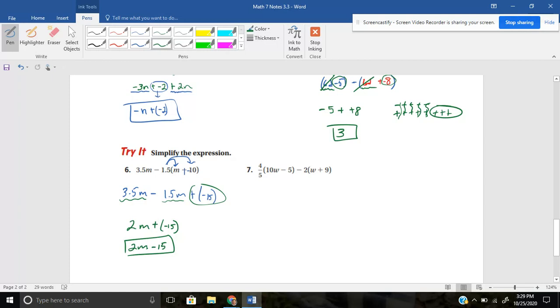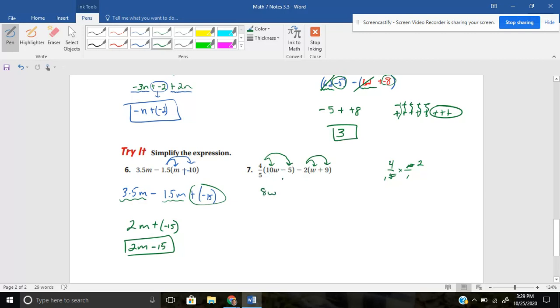All right, and then lastly in number 7, I need to distribute first. And actually, it looks like I need to distribute 2 times because I have 2 numbers outside of my parentheses. So I need to take 4/5 times 10. Simplify will give me 8w.